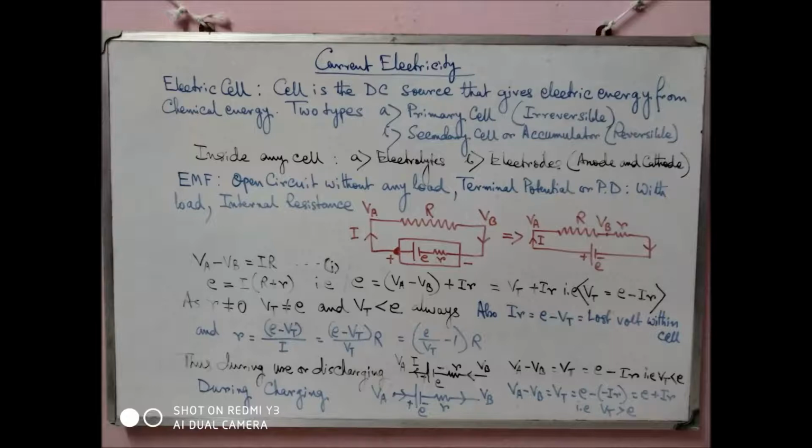So it is a relation between internal resistance, external resistance, EMF and terminal potential, correct? So this is all about the internal resistance, external resistance and others that I just outlined.